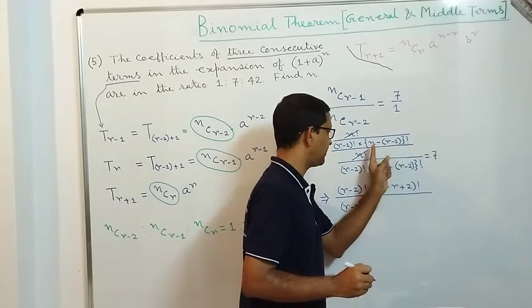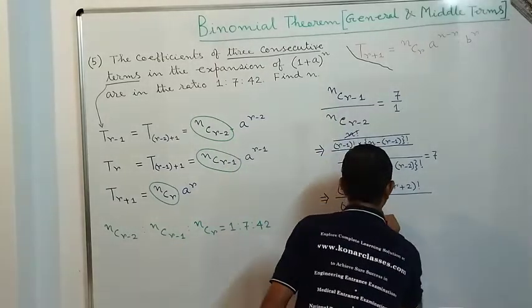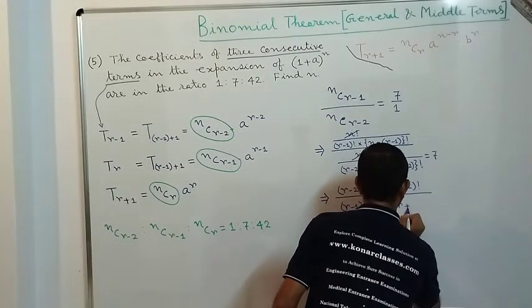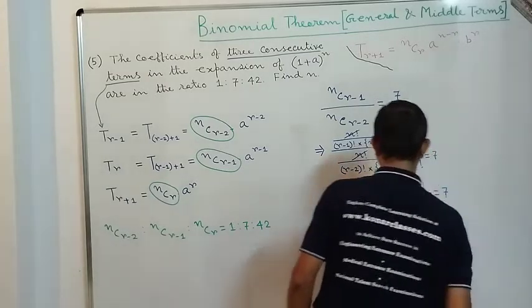That means if we open the bracket, it will be n minus r plus 1. So we get n minus r plus 1 factorial, that is equal to 7.